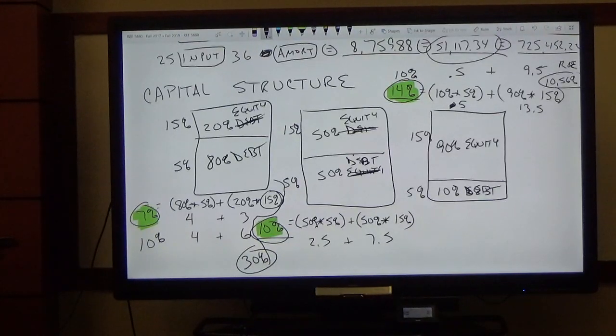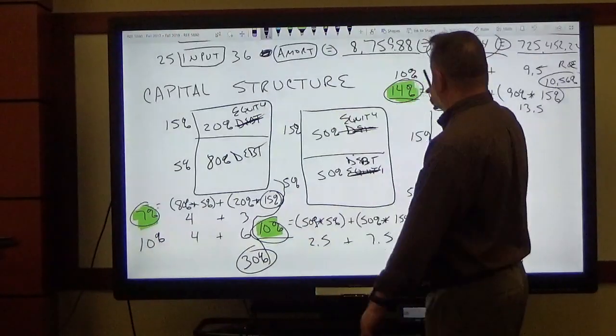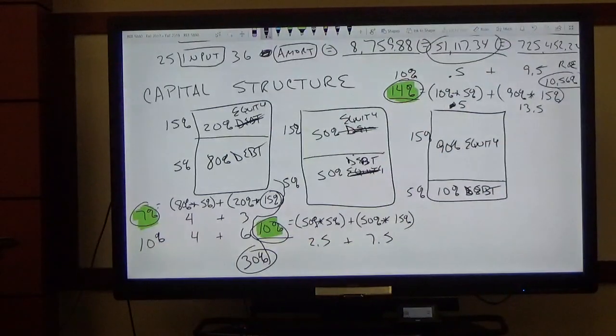Okay. So the moral of the story here is the overall project return, in this case 10%, dictates what you're going to ultimately end up with as a return on equity for the project.